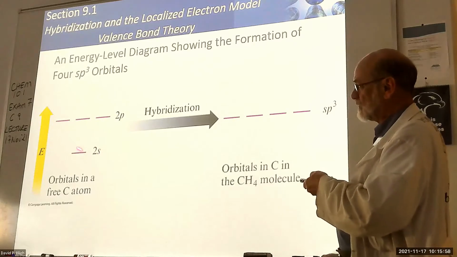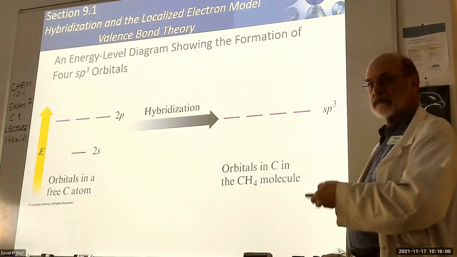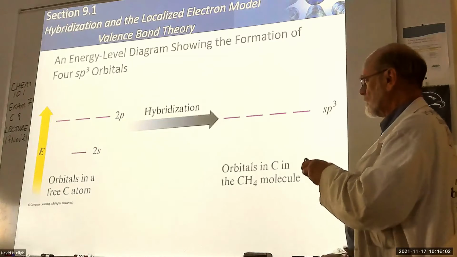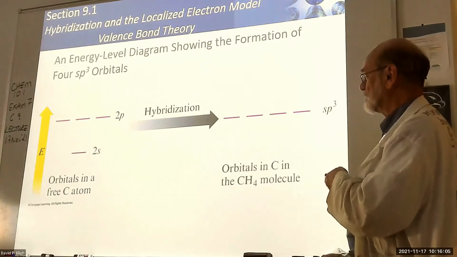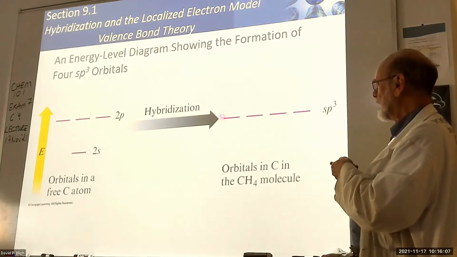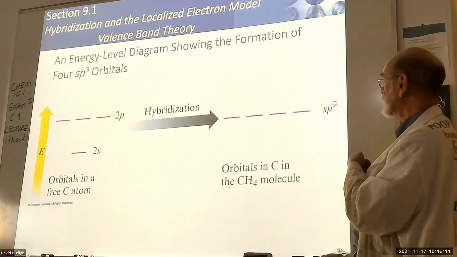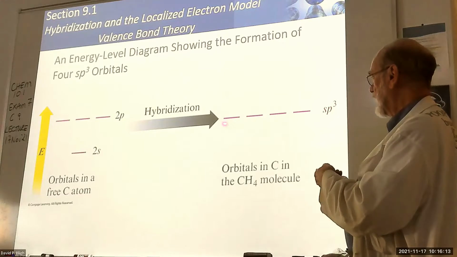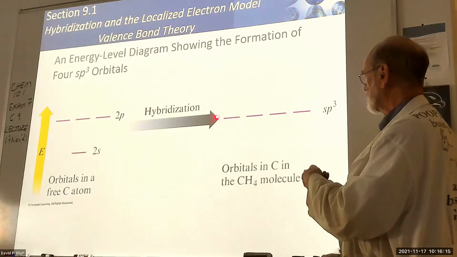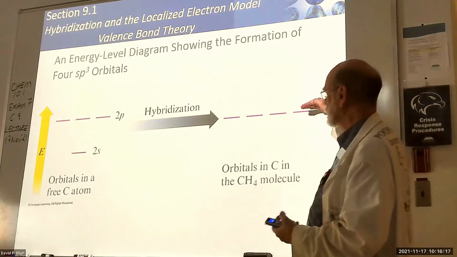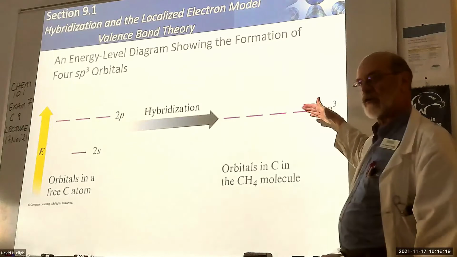So that's why we fill these first and then we go to the p's. But when we hybridize them, we get equivalent orbitals that are given this designation. And this equivalent energy is in chemistry known as degenerate.